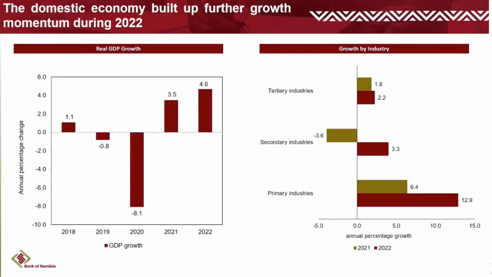It accelerated to 4.6% in 2022 from 3.5% in 2021. During 2022, primary industry was buoyant, chiefly supported by a significant increase in the production of diamonds due to additional production brought about by the new diamond recovery vessel.